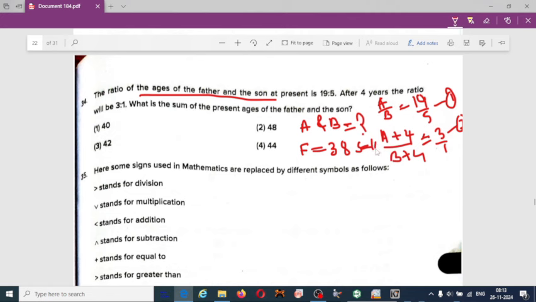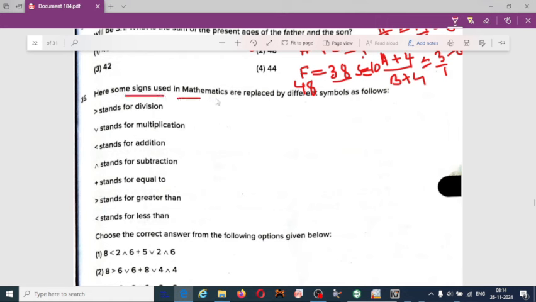If you add these two, 38 plus 10, you will get 48, so option 2 is correct. First you need to simplify these two equations, then you will get the values of the father's and son's ages: 38 for the father, 10 for the son. If you add them, you get 48, the sum of the ages of father and son. So option 2 is correct.